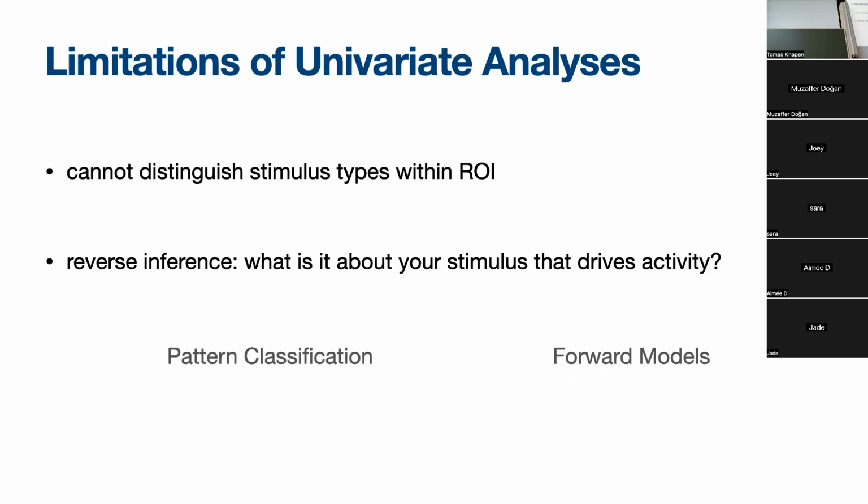And it's also very difficult to perform reverse inference from the pattern of responses that you get. What was your subject thinking? What was your subject experiencing? It's very hard to discern that from this framework. So we have a bit of a problem there.